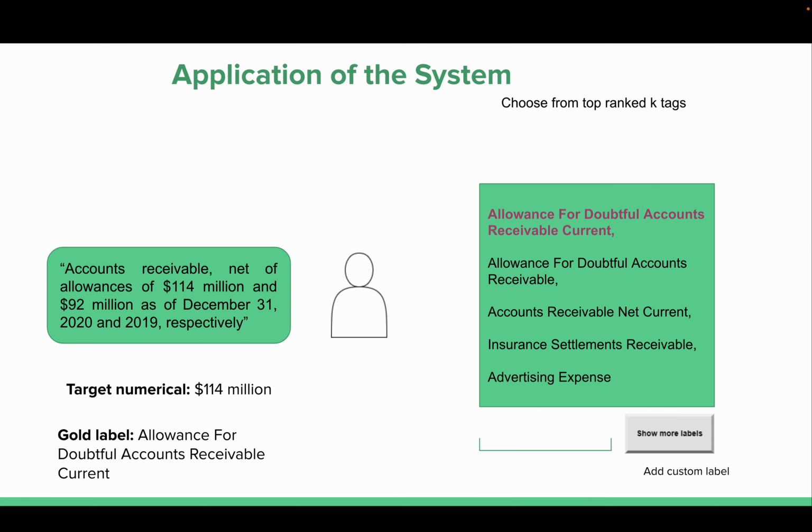For example, in this sentence, "accounts receivable net of allowances of $114 million," 114 has been tagged with allowance for doubtful accounts receivable current, which has come in the top 1 rank in our method. So this is the application of the system. We just want to reduce the search space from 17,000 tags to some top k tags. K might be from 5 to 10 or something.